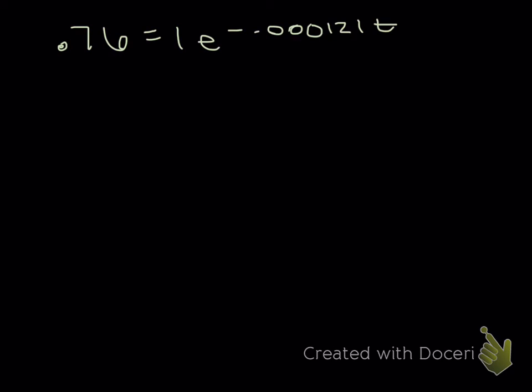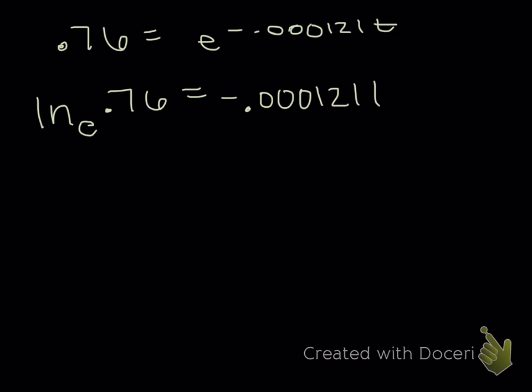Again, when I divide both sides by that 1, the 0.76 is going to remain the same, so I can take that 1 away. Now I put it in natural log form. So I have ln e to the 0.76, and this is equal to our K value times our T. And again, to get T by itself, I would divide by that big long decimal.